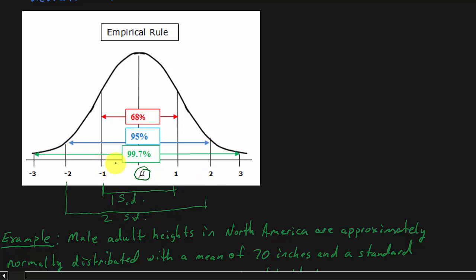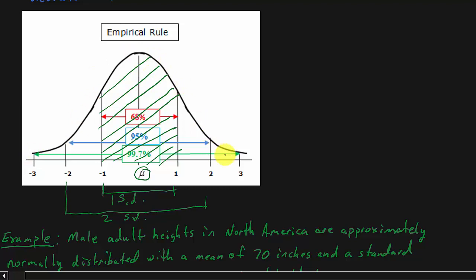So what they're saying is if you look at one standard deviation about the mean, that would be 68% of the data. And that is just the area under this curve here from -1 to 1. Okay, if you were looking at just this area right here, that's what it would be, 0.68 or 68%.